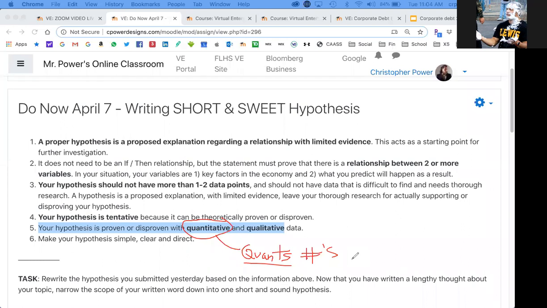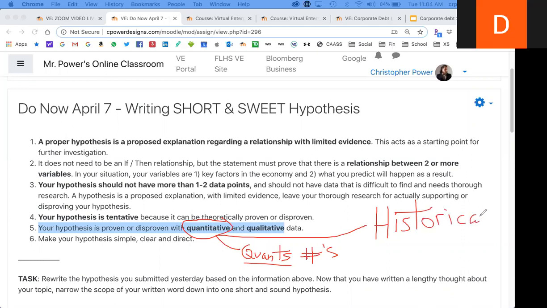The one thing about quantitative data, though, is what else? What is the one key thing to know about quantitative data? There's one huge key factor we have to realize about quantitative data. We can only have data because what happened? Historical data. Why is it historical?